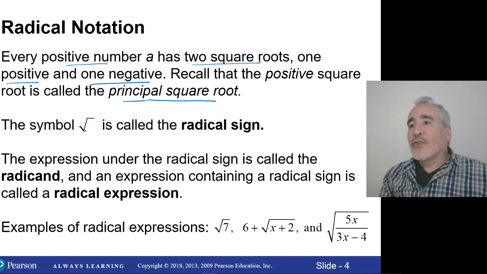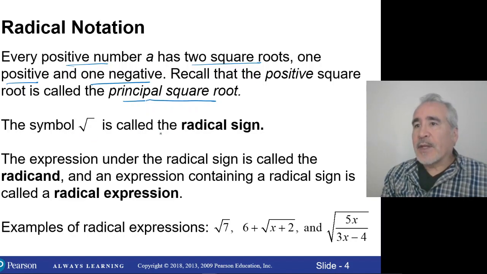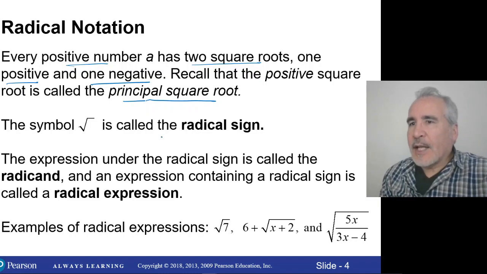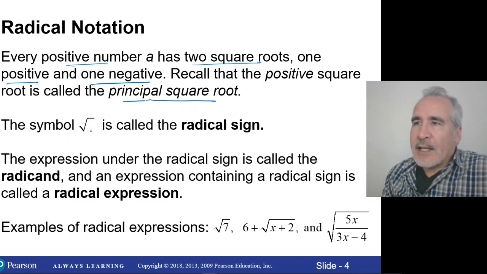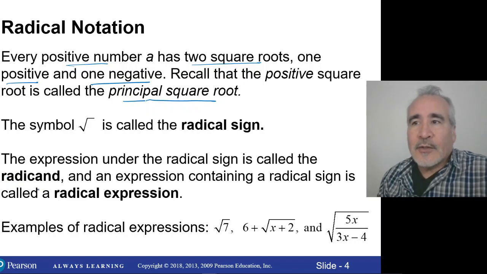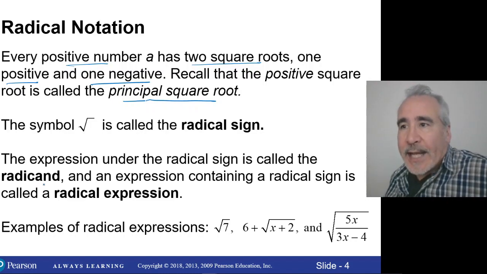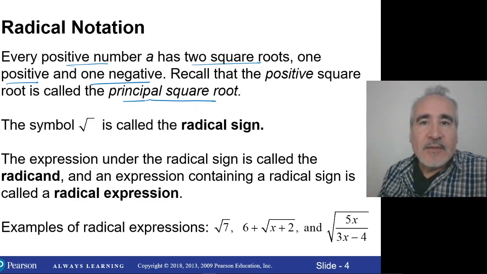Okay, the square root symbol itself we call a radical. We're going to see we use it in multiple ways, but I don't want to get ahead of myself. The stuff inside, I just call the stuff inside, but if you want to get technical, you could also call it the radicand. Radicand, stuff inside, same stuff.